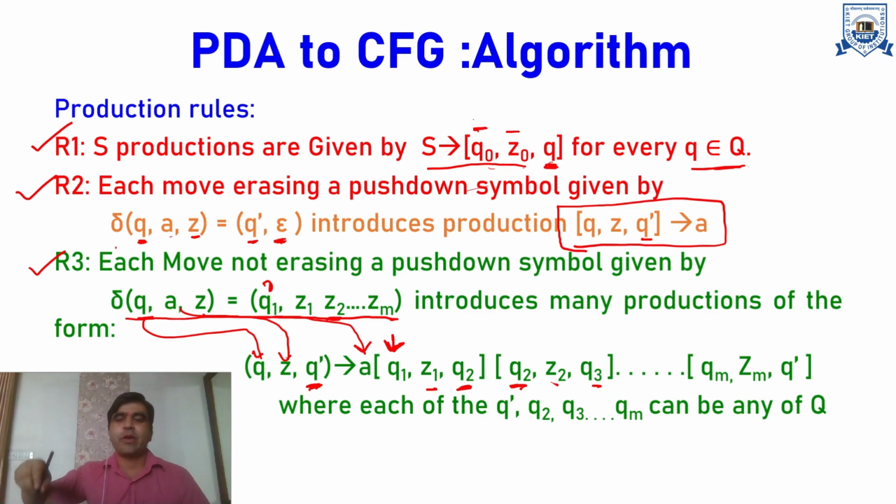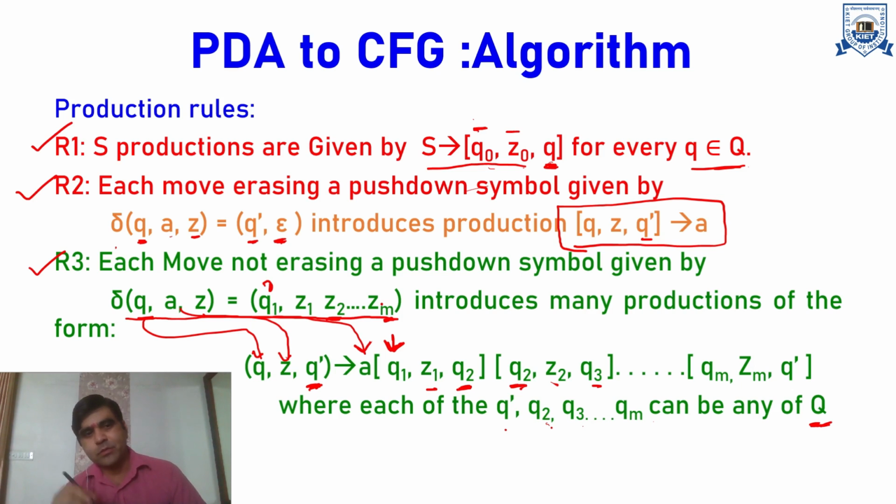This repeats up to Zm and Qm, where Qm is the last state and Zm is the last symbol in your push down automata. Each of Q dash, Q2, Q3 up to Qm can be any state of your push down automata. Capital Q represents all the states, right?